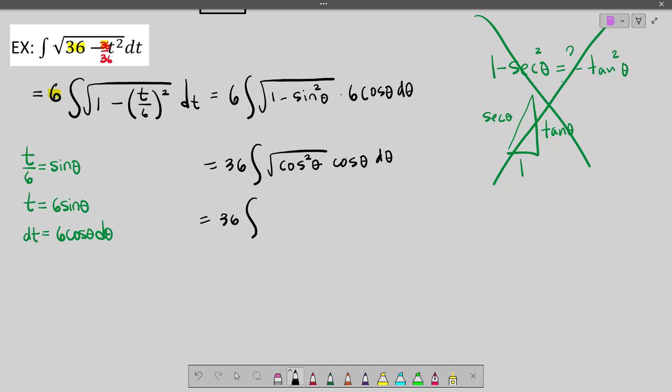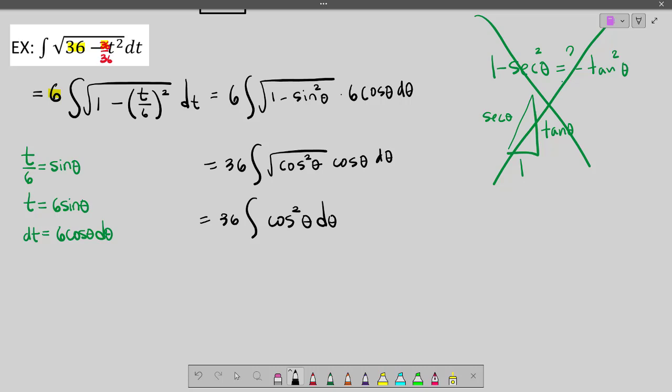In this book and in most calc books, we're just going to assume, because as soon as you put absolute value of cosine, you're stuck. You can't integrate it. You'd have to go into a piecewise defined, pain in the neck thing. So in this book, unless otherwise indicated, we're going to assume that you can just take the square root and get the positive result. So I'll have that. Square root of cosine squared is cosine. Cosine times cosine is cosine squared.